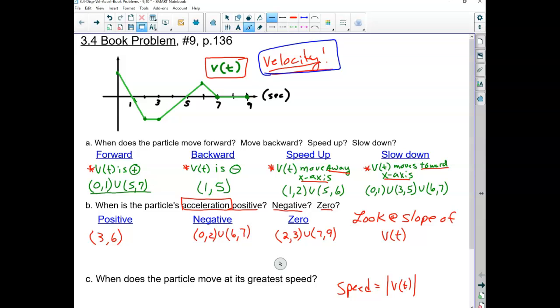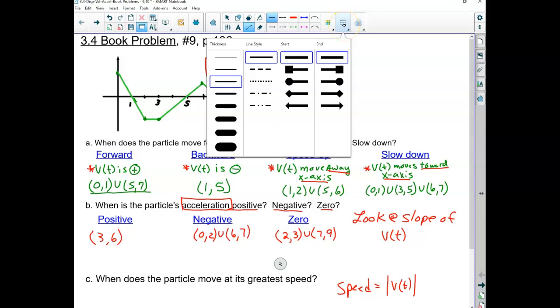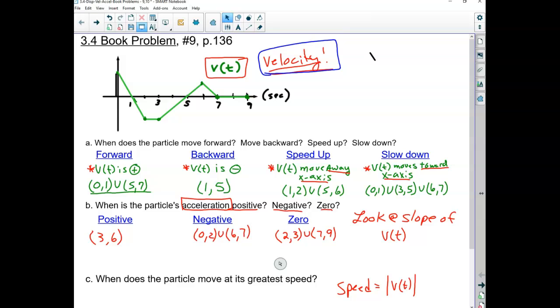I'm going to grab a line here just because notice my y-axis has no labels on it. So I'm going to make myself a measuring item here, and pull it over here. Oh, looks like those are basically the same.